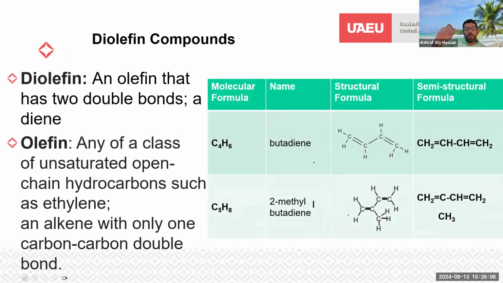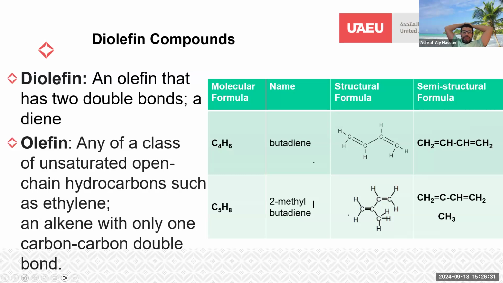So also there are compounds called olefin compounds, which include an olefin that has 2 double bonds, diene. The olefin is any of the class of unsaturated open chain hydrocarbons, such as ethylene, an alkene with only 1 carbon-carbon double bond.